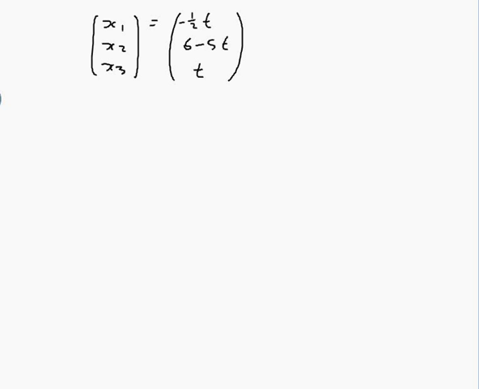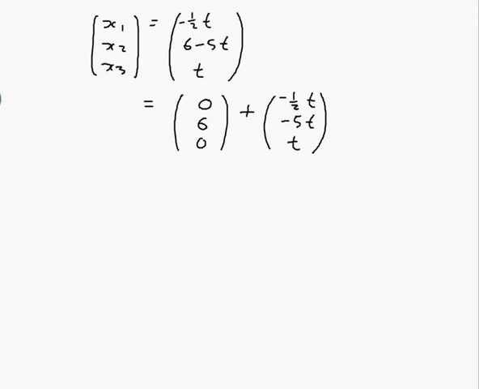Now what I do is I split that up into two different column vectors, with all the t's in one and all the numbers in the other. So let's see. I'll put the t's over here. So minus a half of t, minus 5t, t. And we've got 6 minus 5t in the middle. And the other numbers here must be 0. 0 plus minus a half of t, and 0 plus t.